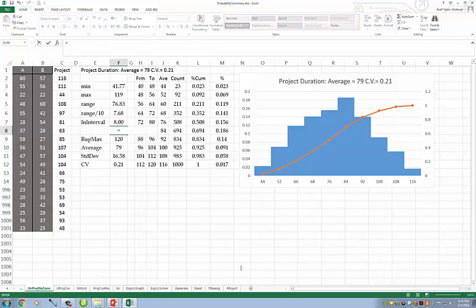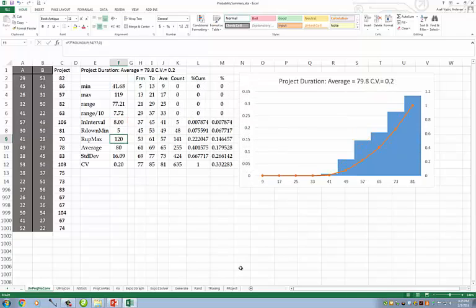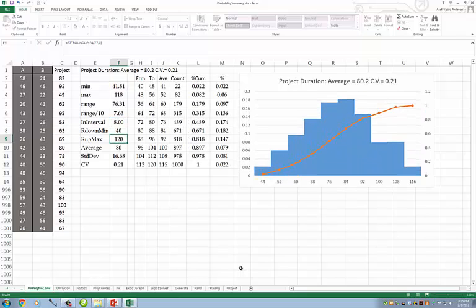I divide this minimum by the width, round it down, and my minimum is around 5 times the width, and then I multiply it by the width. So I now have a clean starting point for my categories.